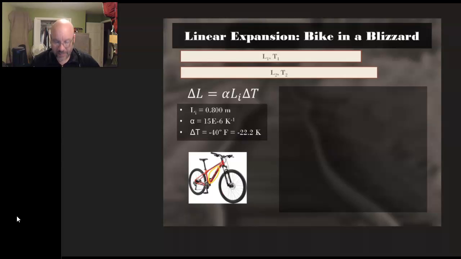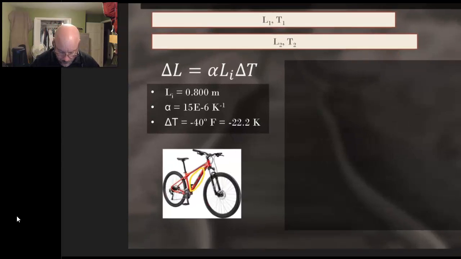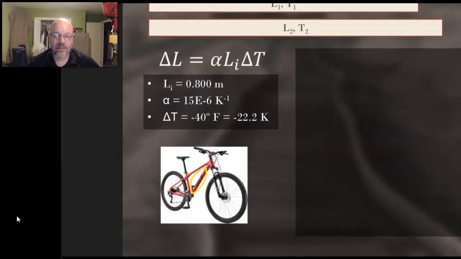Suppose that I've got my bike here, and the bike has an original length of 0.8 meters, so 80 centimeters, and it's really cold, and the temperature drops 40 degrees Fahrenheit, which is about 22 K. We'd have to know what kind of metal is in the bike frame, but the actual bike is a metal alloy, so we're going to approximate alpha as 15 e to the minus 6 inverse Kelvin.